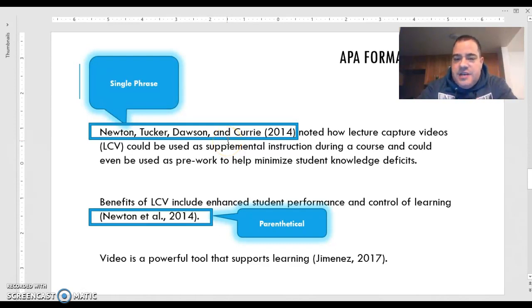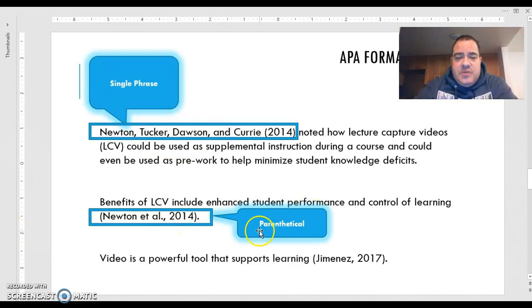Notice how in this example, there are no page numbers. There are no page numbers, 0 page numbers. Do you want to know why? Because these are not direct quotes. These are summarized, paraphrased, and therefore you do not need a page number. So save yourself the trouble of having to include a page number. Do not include it unless it's direct quotes, which we'll get to in a second.